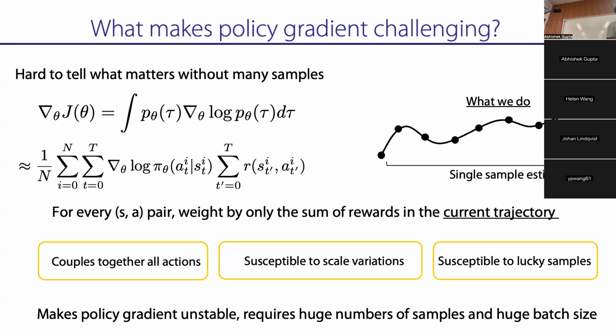Yeah. Sorry, what do you mean by scale? Imagine that there were some states that had reward 100 and some states that had reward -100. But inherently one of the states was just a lower reward state and the other was a higher reward state, but both of them are contributing to the gradient. And so they're going to be weighted super differently.